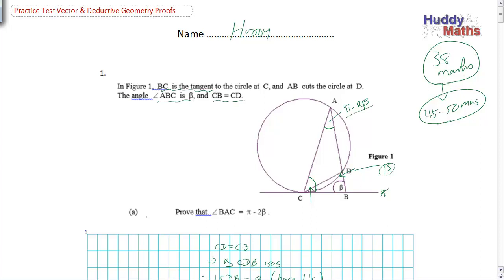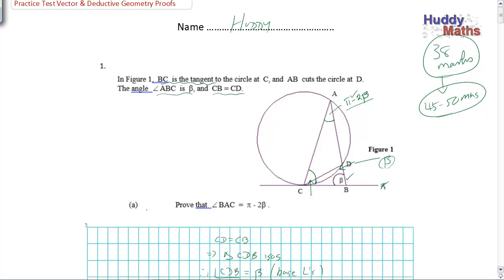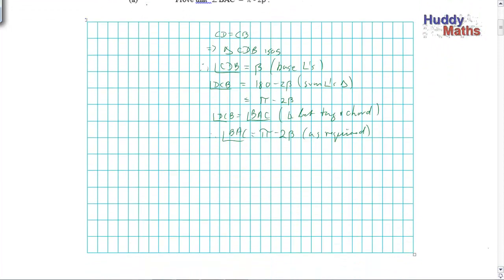I think we can, because we've got this angle and this angle in triangle BAC, so we should be able to do the sum of angles of a triangle. So angle BCA equals 180 minus beta minus (180 take 2 beta). So therefore, that disappears. Negative beta plus 2 beta equals beta.